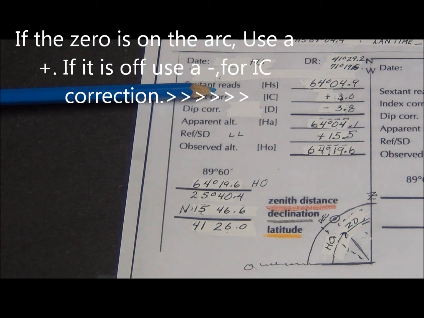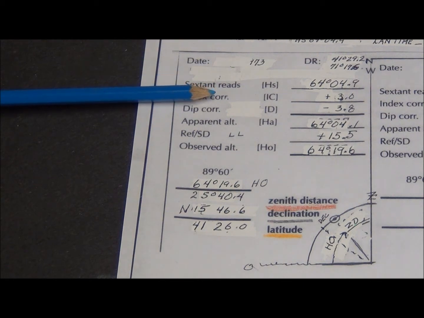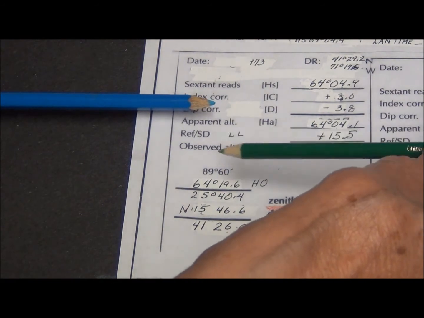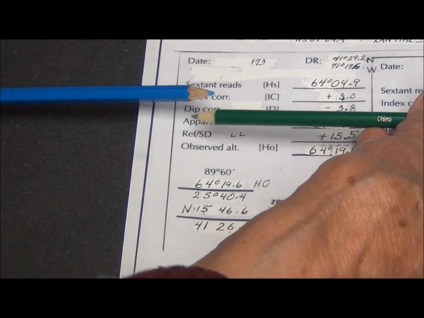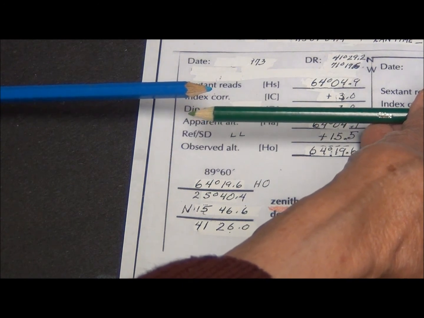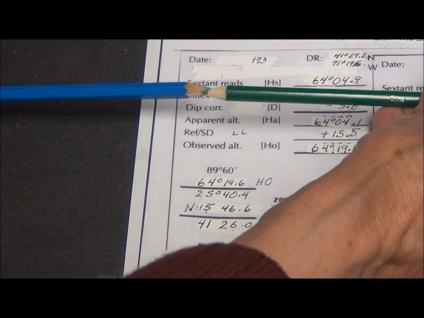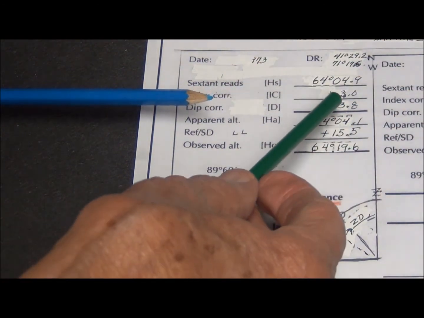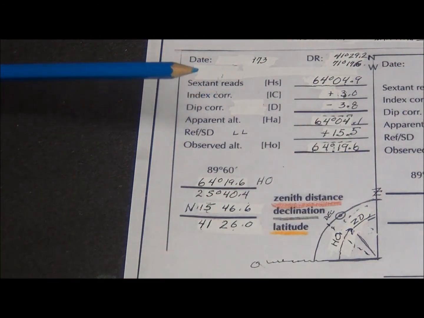If it isn't a straight line, we have to adjust the sextant to make the horizon read a straight line, and we put down the difference in the reading that we had to move it to get that straight line. So in this case it was a +3 because we were minus reading.